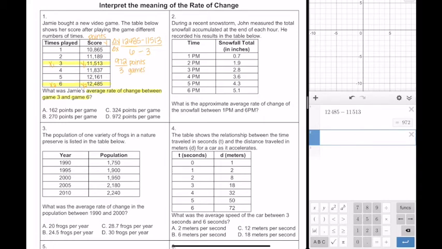But we want to know how many points she increased each game, or per 1 game. So now what we need to do is just simplify this and do 972 divided by 3, and that's 324. So that's 324 points per 1 game, or for each game.